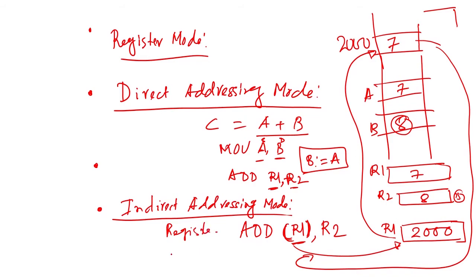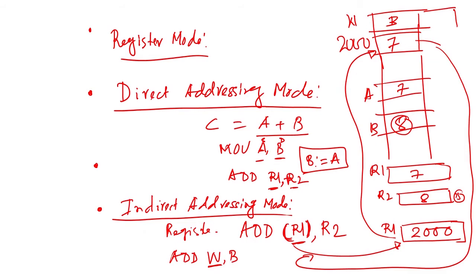It may happen something like this: add, so you are adding W and B. What is that W and B? W is a memory location, it can be 2000 or anything, and it can hold an address B, and B is holding this value.